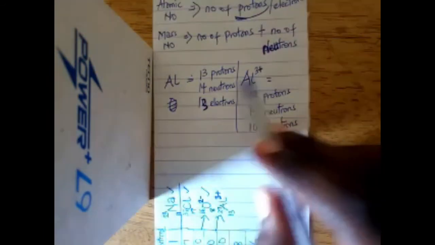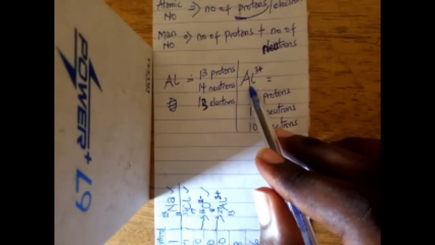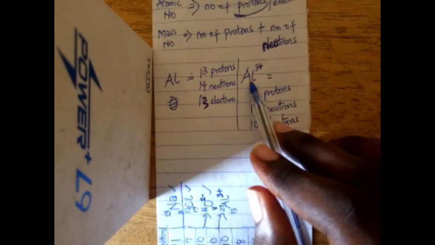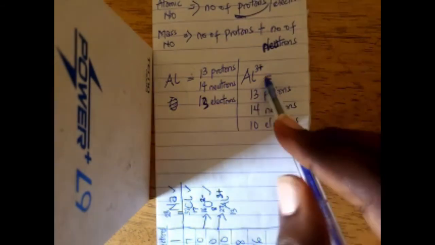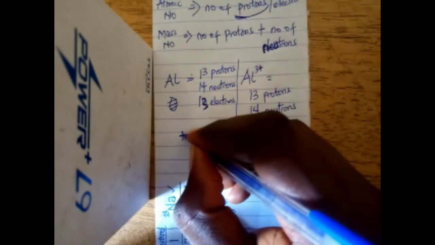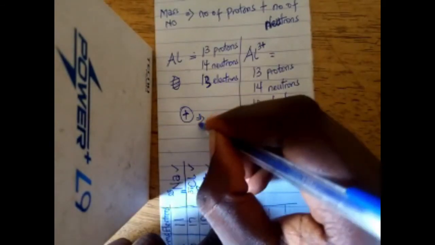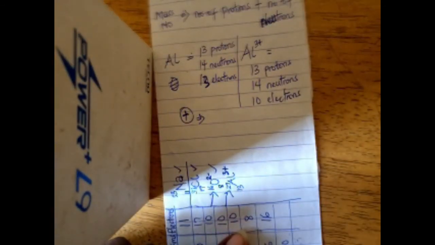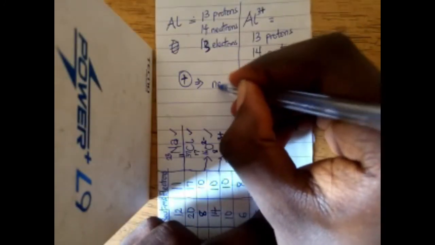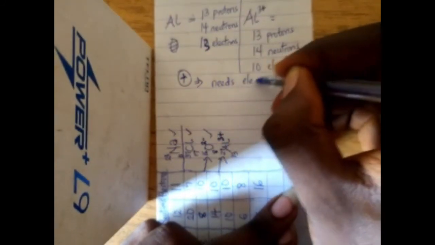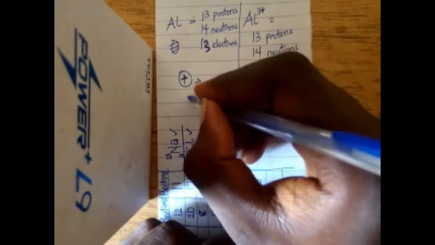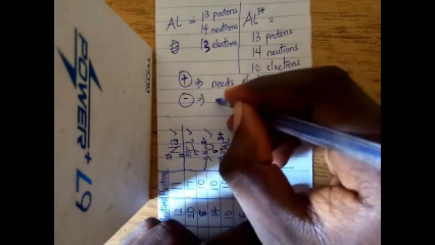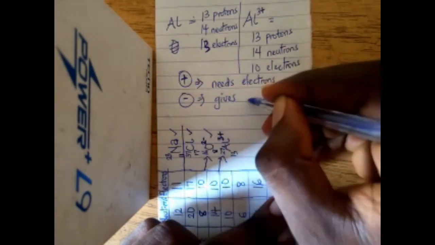So there's a difference between these two. These are ions, which I've also explained previously. These are charges. When we say plus, it means it loses electrons. When we say minus, it gains electrons.